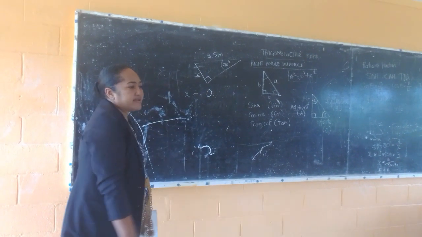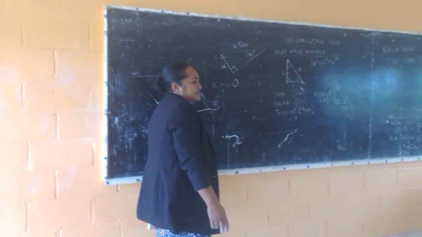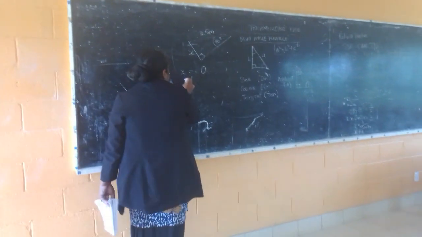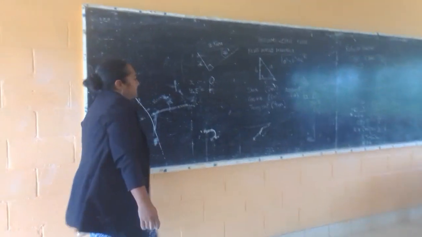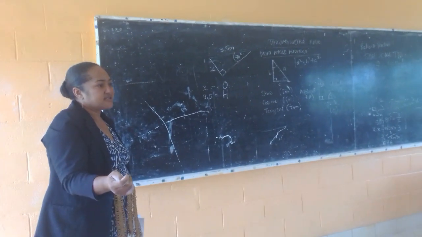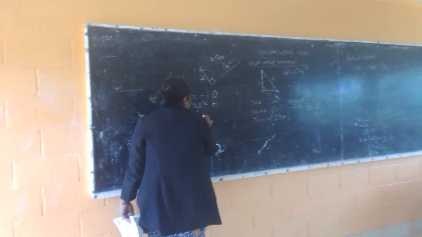So x is O. Let's just write O. 3.5 meter is the what? Hypotenuse. So 3.5 is hypotenuse. Again, we are using sine. So we write our ratio.